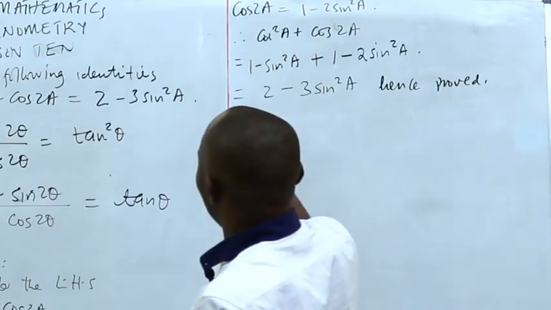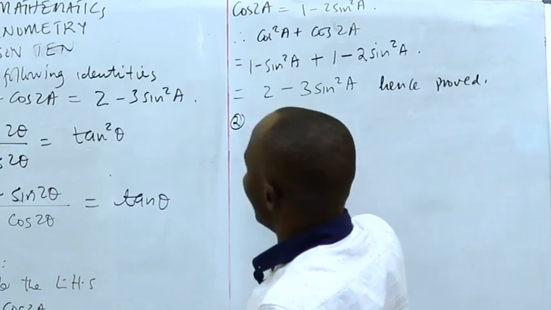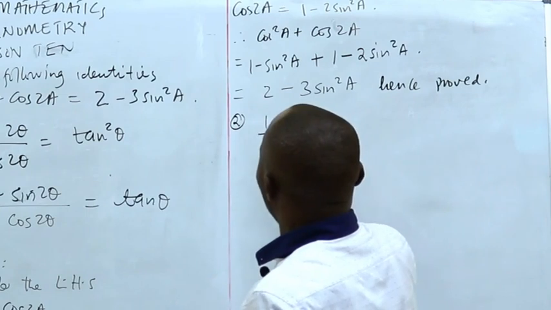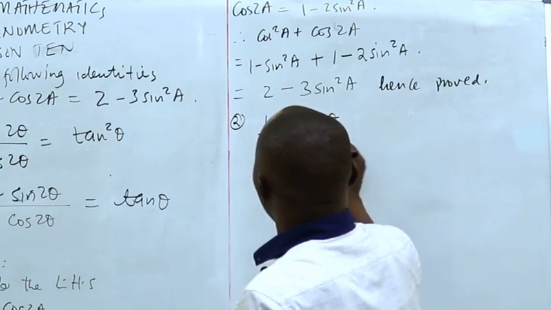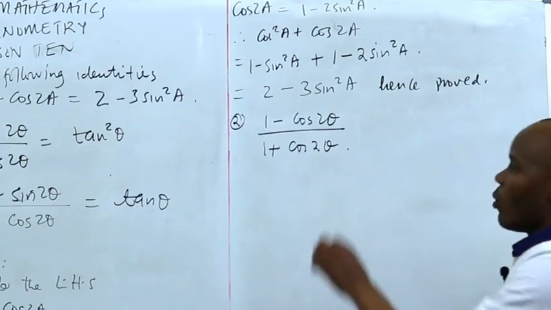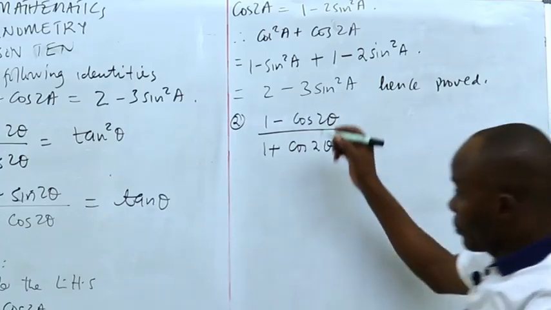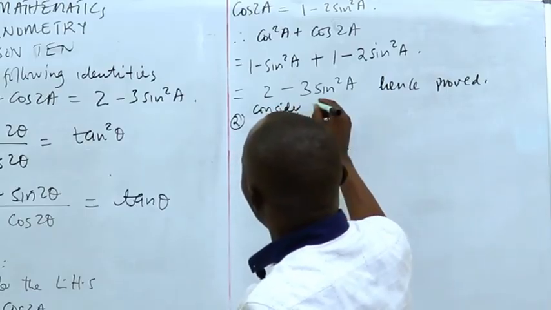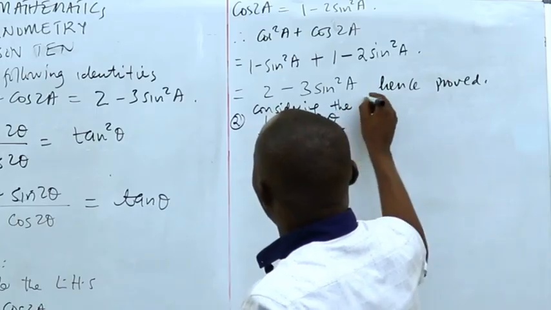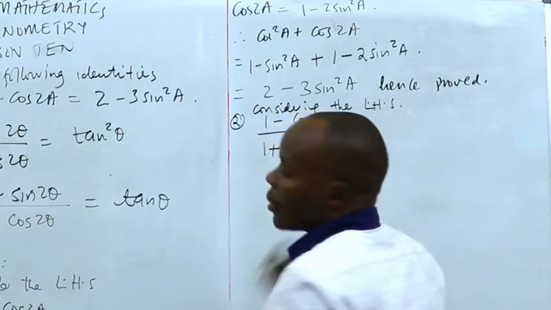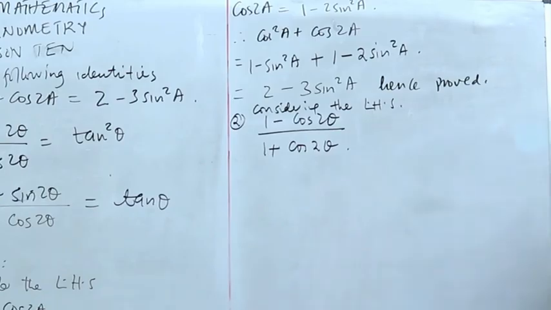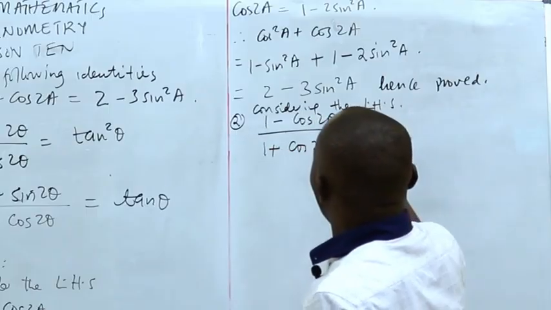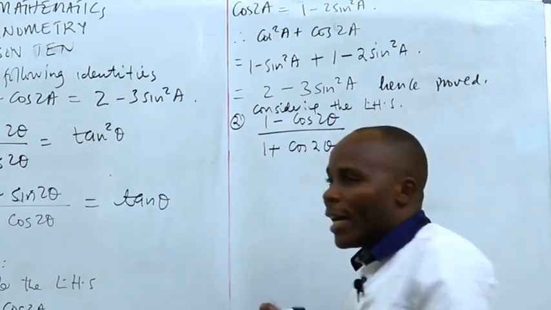Let's look at number 2. We have 1 minus cos 2 theta over 1 plus cos 2 theta. How can we prove that this is equal to tan squared theta? Still, I'm considering the left hand side. They are telling us to prove a tan.